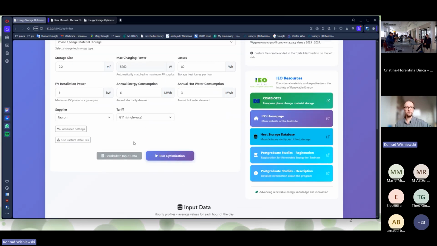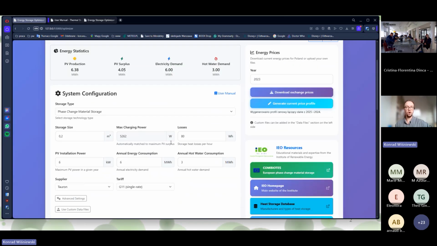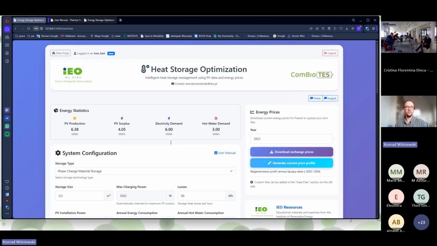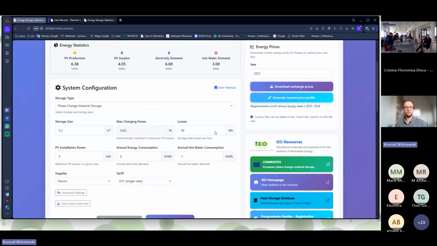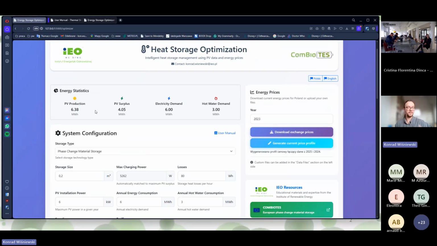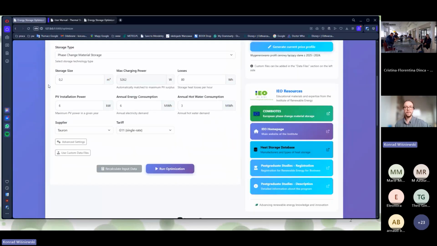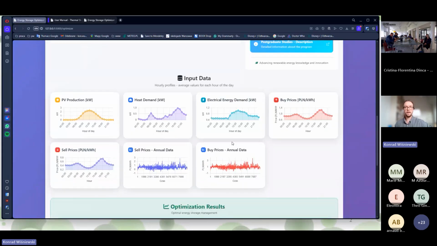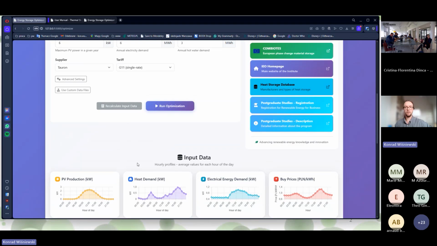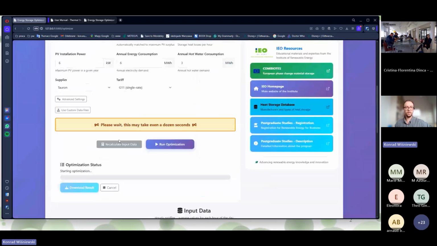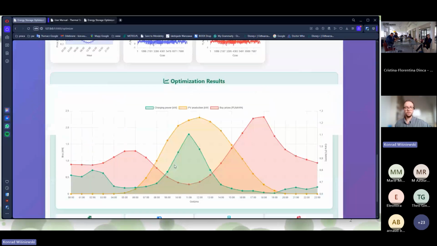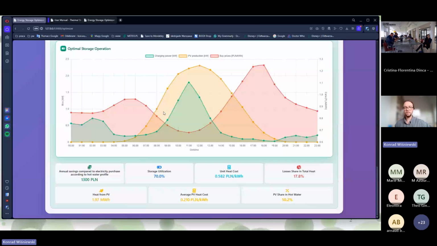All of this application is based on a one-year analysis, because it's easier to make assumptions about the economics from one year and further. So this is our setup, and after that you can always click the optimization button. It will take a few seconds.